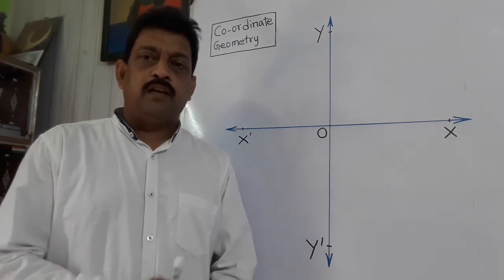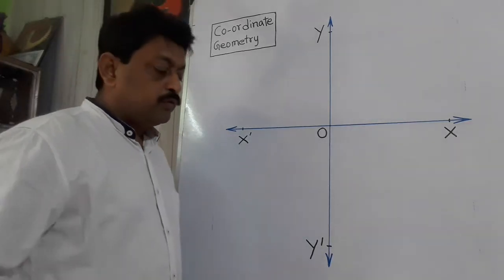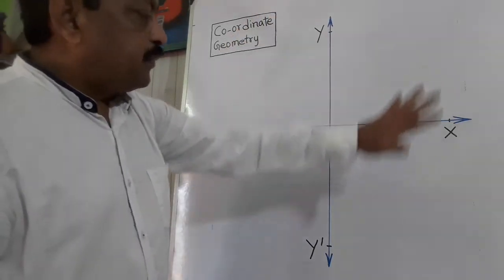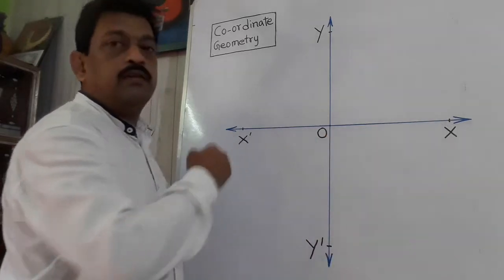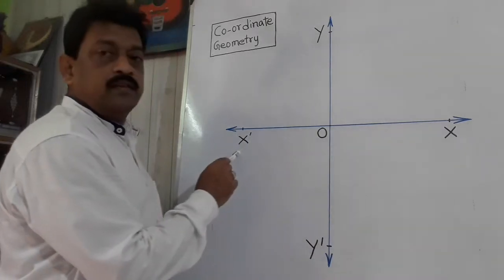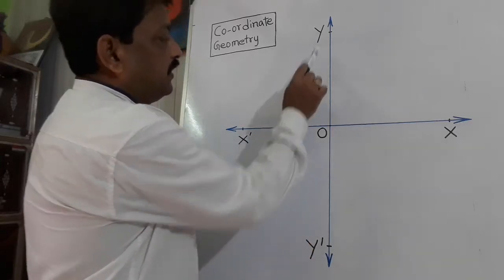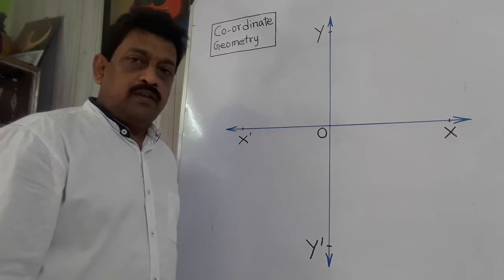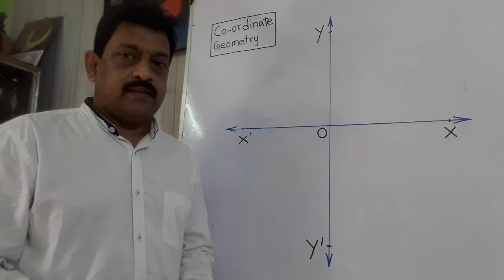First of all, let me introduce the graph paper where we are going to do these sums. Suppose this is a graph paper where I have drawn two mutually perpendicular lines. The horizontal line XOX' is known as the x-axis, and the vertical line YOY' is known as the y-axis, and these two axes together are known as coordinate axes.